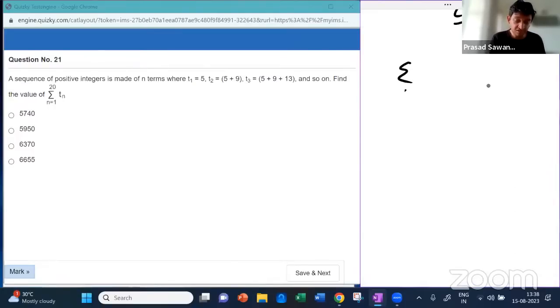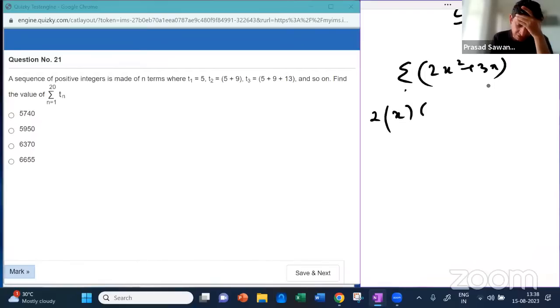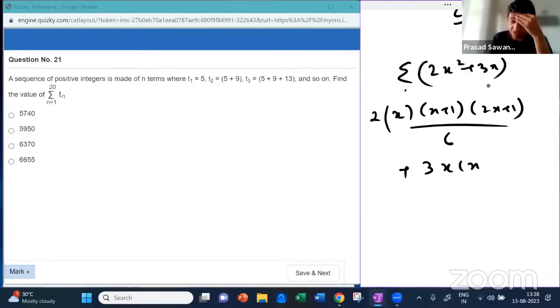So summation of 2x square plus 3x. I forgot this one: n into n plus 1 into 2n plus 1 by 6. So x into x plus 1 into 2x plus 1 by 6 plus 3 into x plus 1 by 2. Summation of summation. Okay, let's put 20 here. So 2 3s are 6.